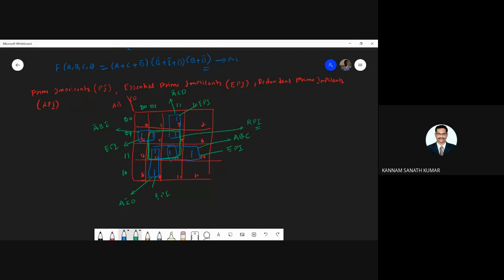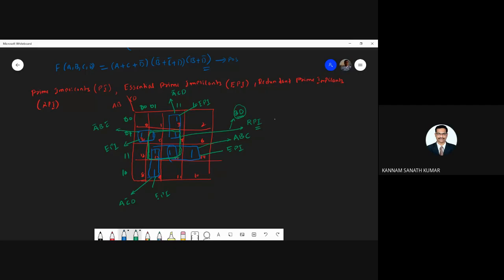So this quad is covered by these prime implicants, and these four prime implicants are covered by this redundant prime implicant. If you write for this one, this is B and this one is D, BD. So BD is nothing but a redundant prime implicant.